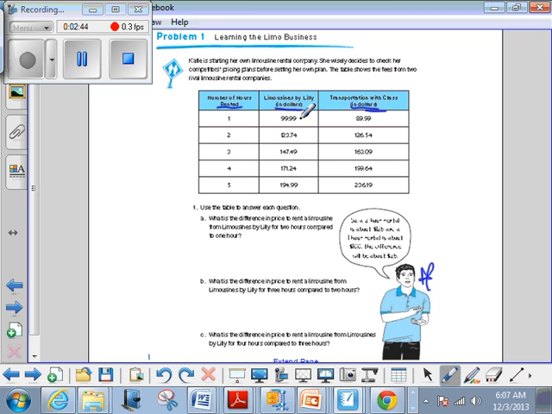So we know that's about $100, and that's about $125. But if we're finding the difference, obviously that means we're going to subtract. So you would just subtract those two. 123.74 minus 99.99, which should give you, and that does look really messed up.